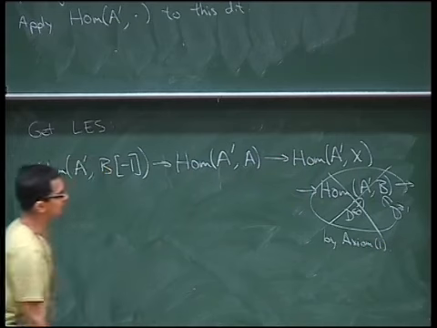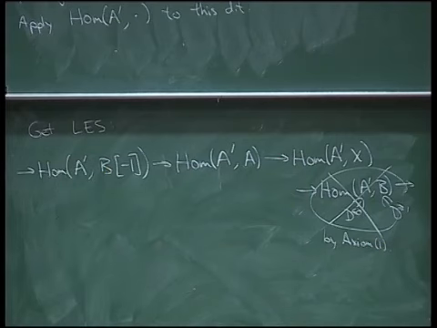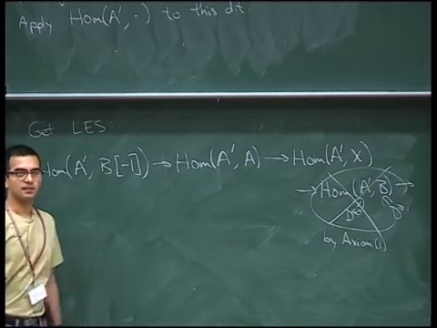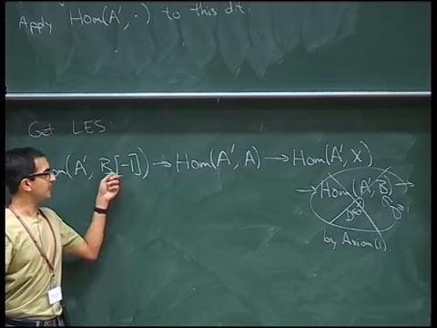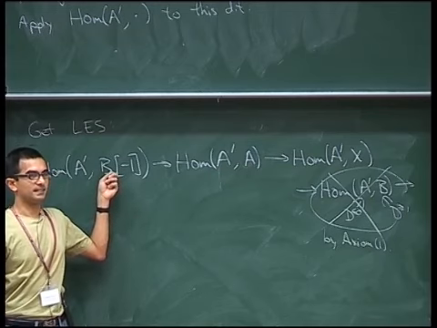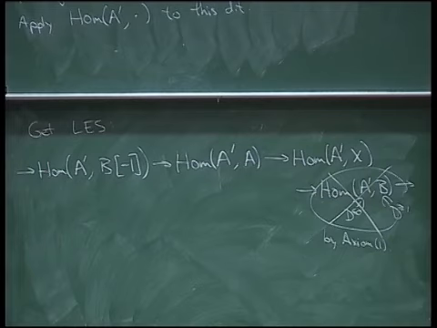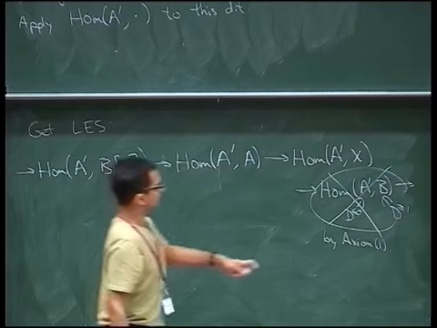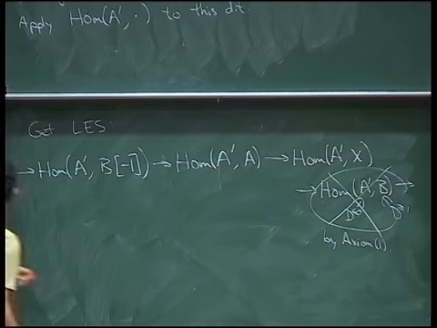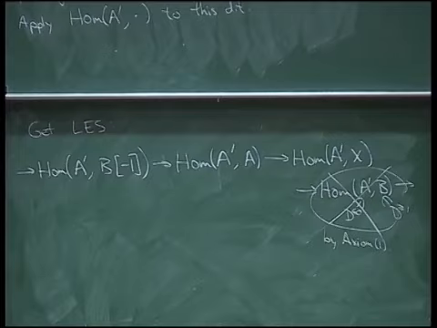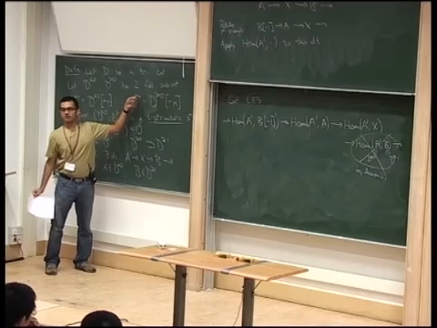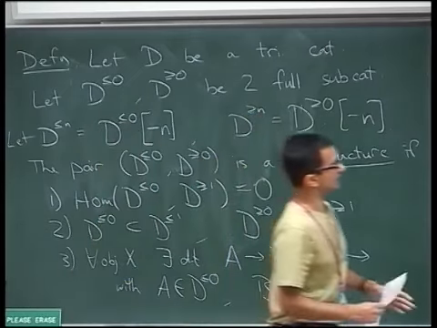What about this first term? What we did was take B and shift it by -1. B started out in D greater than or equal to 1 anyway, and the definition says that when you shift by a negative number, you increase the number in the exponent.